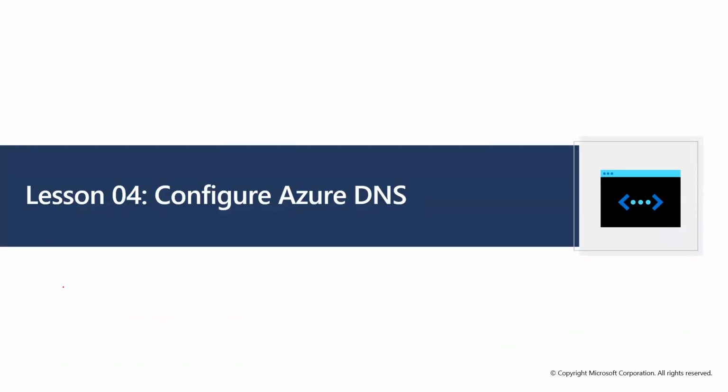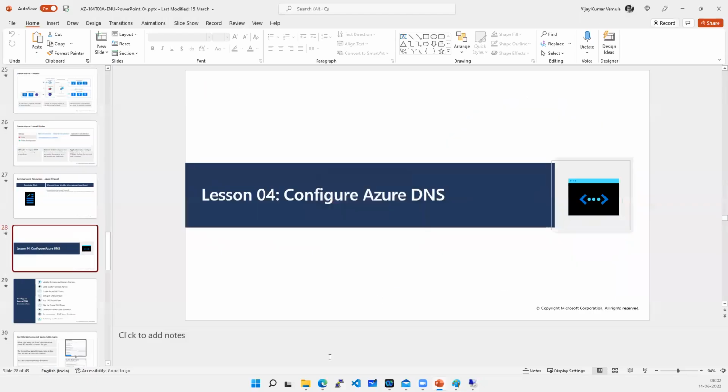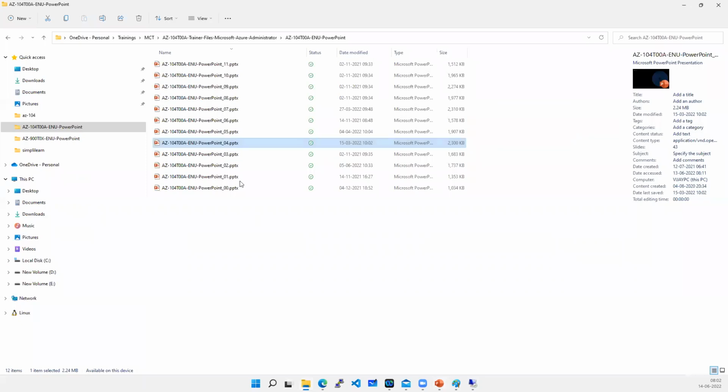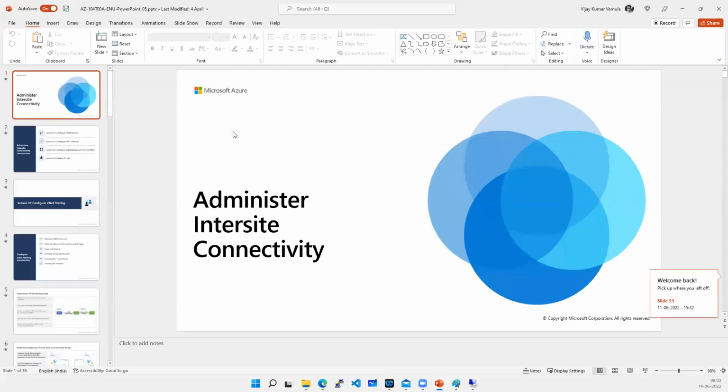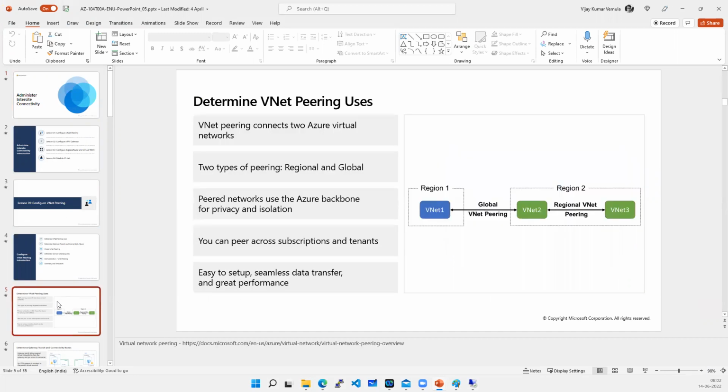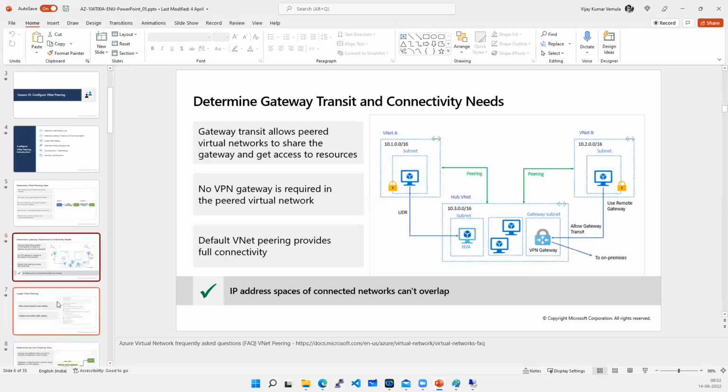Once we complete these topics, we'll go with the hybrid network solutions. How do we interconnect networks in different regions of Azure? How do we interconnect different virtual networks, maybe in the same region or a different region? How do we interconnect an on-premises network with the Azure cloud?